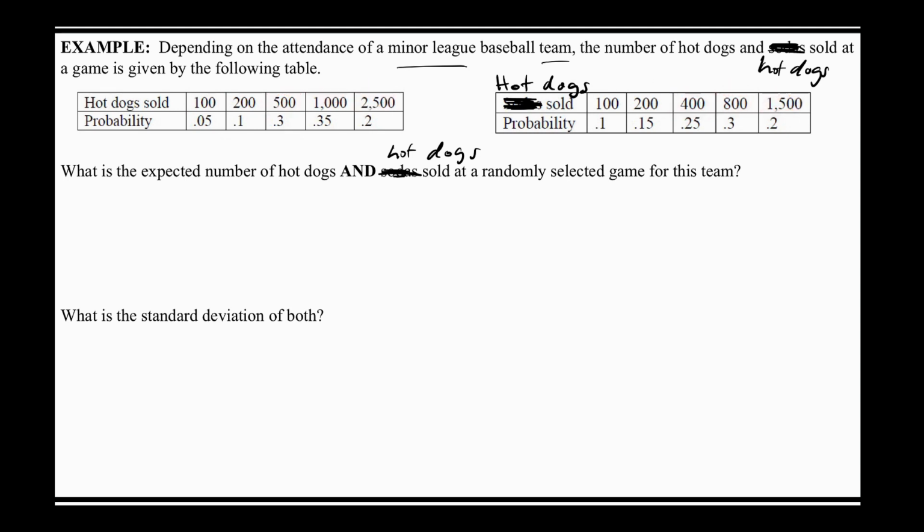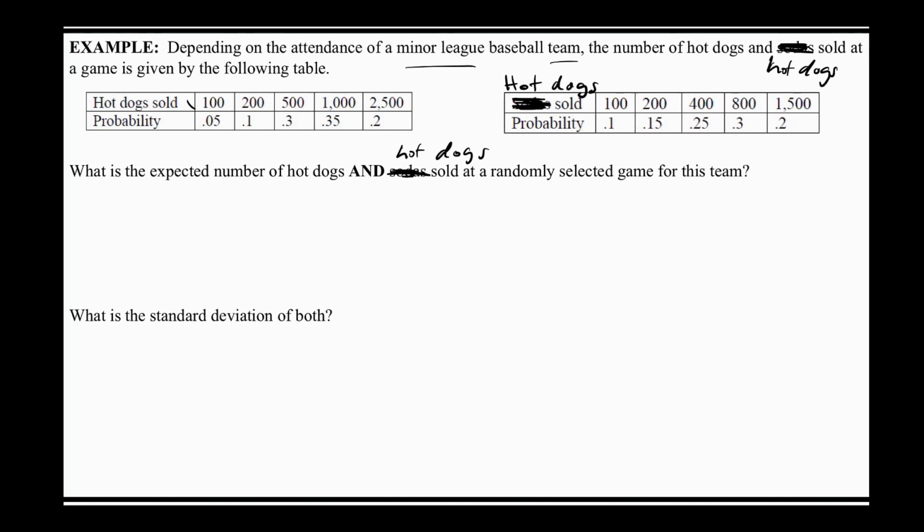If I'm going to combine the lists, we'll say this is X and this is Y. I take the expected value for the first one and add it to the expected value for the second one. Find the average of one and the average of the other. Use your calculators. What do you get?